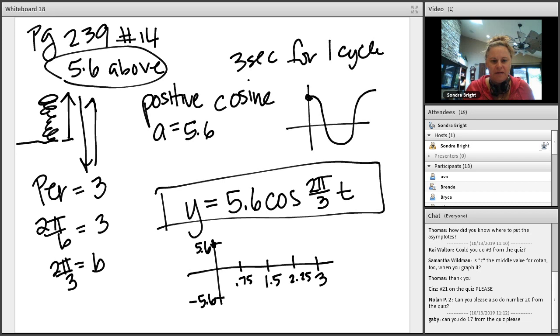You would start here and then there and then there and there and there. There's the graph.